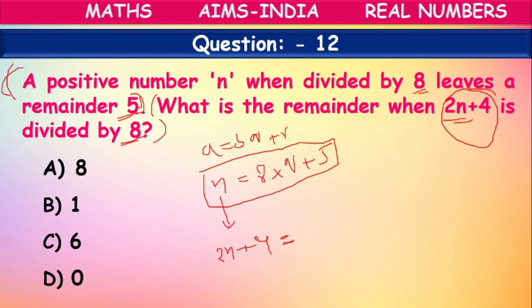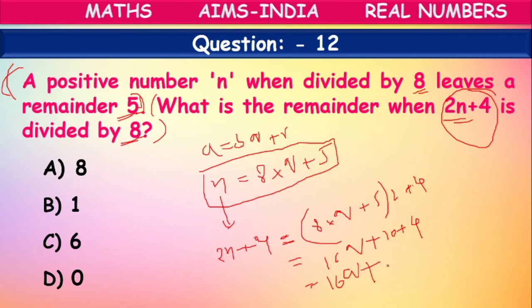First let's multiply with 2, means 8 into q plus 5 to be multiplied with 2 and then 4 to be added, 2 into 8 16q plus 2 5 times 10 plus 4. So what we will get? 16q, 10 plus 4, 14. But we need 8, quotient to be 8.